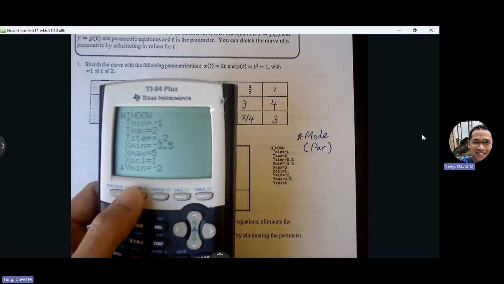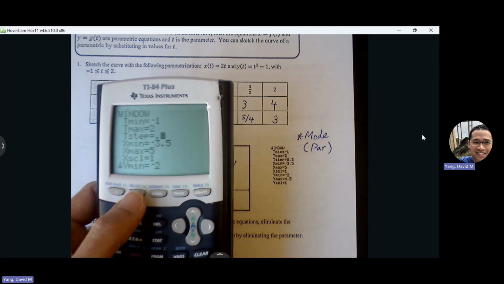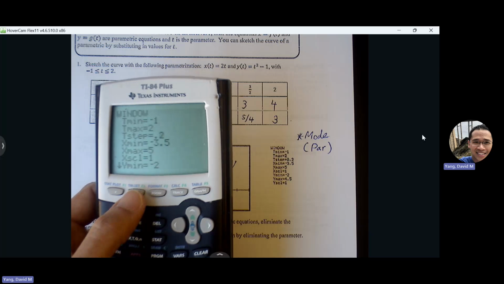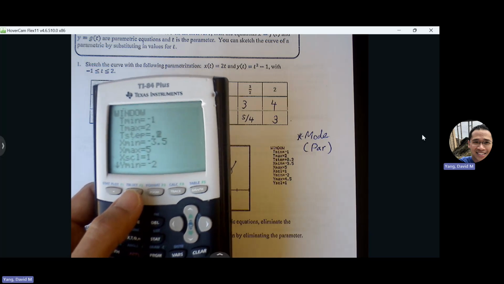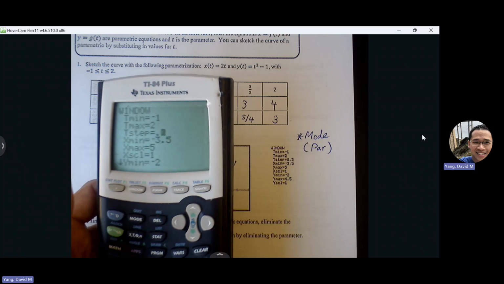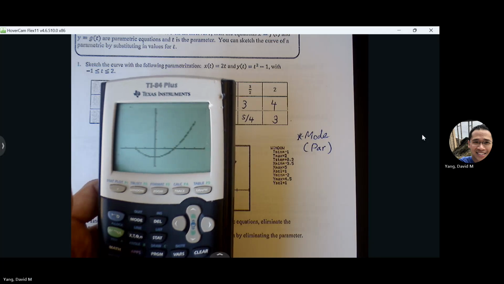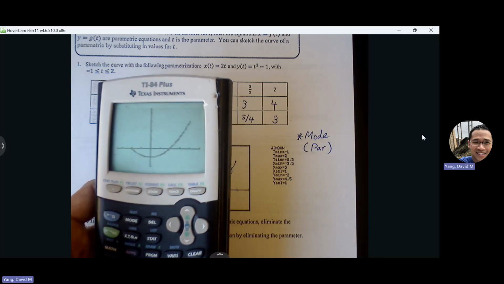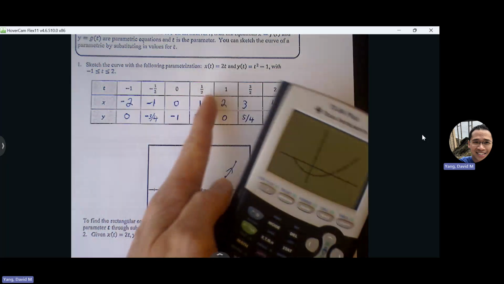If we decrease the step, then it's going to find more ordered pairs at smaller increments of t value, and that's going to make the graph even smoother potentially. If you do like 0.02 or something, it's going to find more points. It may take slightly longer because it's finding more ordered pairs at shorter increments of t value.